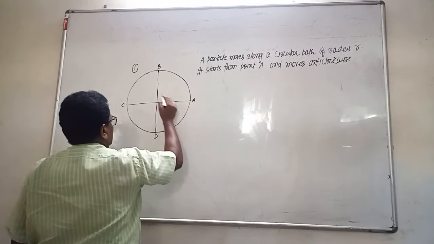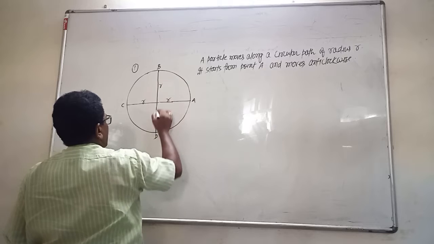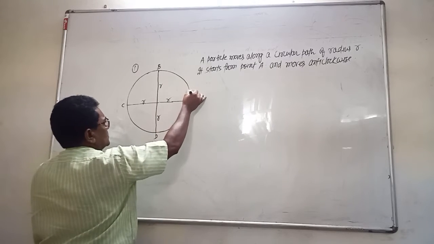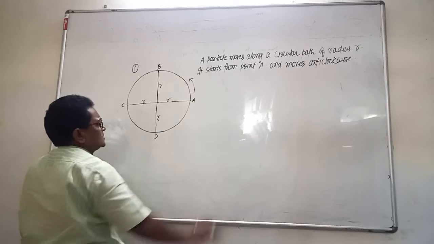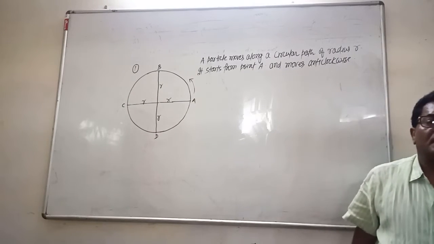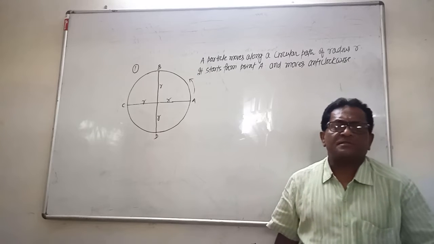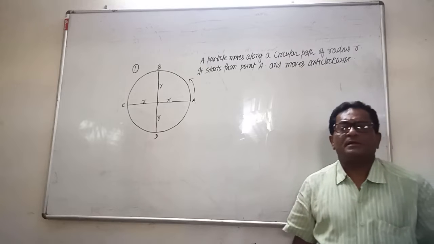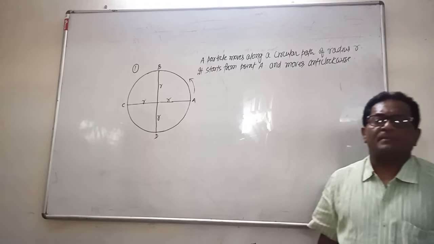The radius of this circular path is r. It starts from A and moves in anti-clockwise direction. Then we have to find the distance traveled by the particle.